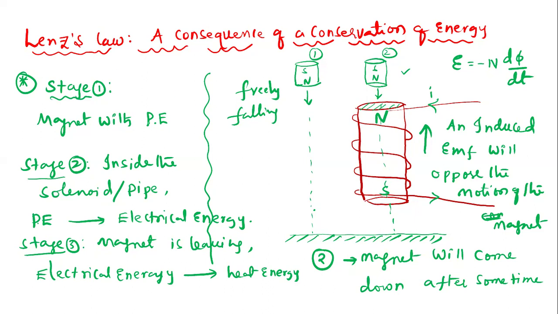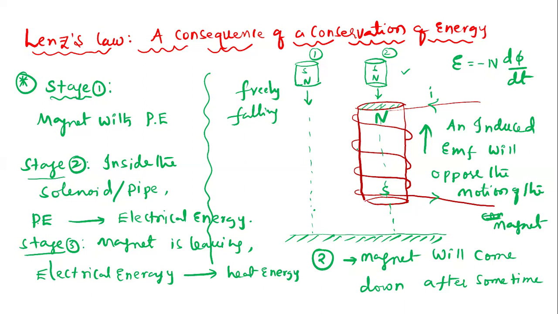So whenever it is opposed here, the magnet earlier has potential energy, coming down with kinetic energy. Of course, it is coming down. Now inside the solenoid it will be converted into electrical energy. Yes or no? And then whenever it is leaving, this electrical energy is converted into heat energy. Yes or no? So you could say this law is a consequence of conservation of energy or not. So during their conversion, the magnet will be opposed. Clear? Can you write it down now?